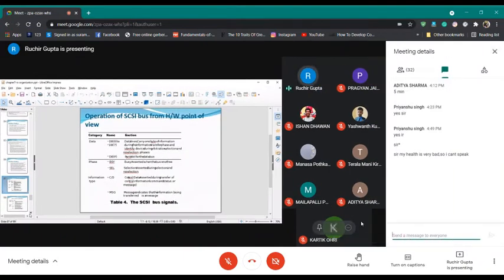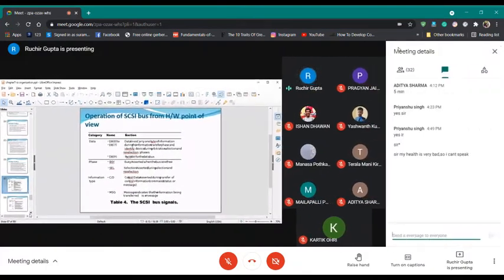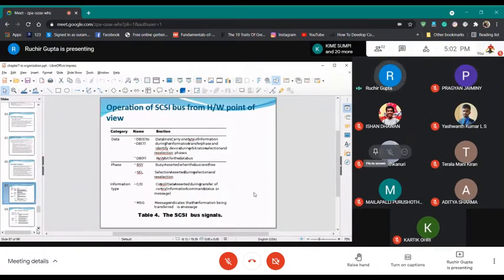Another is the phase kind of category. There you can see that BSY and SEL are used. These are actually used to resolve the conflict. We'll talk about that maybe after this.